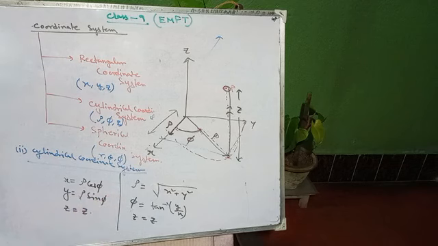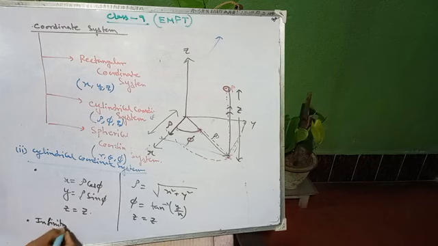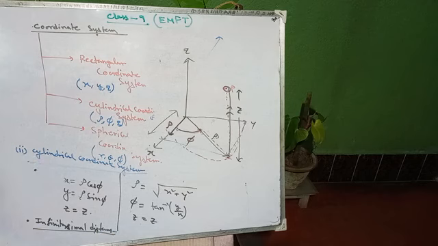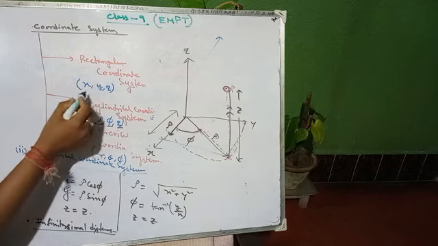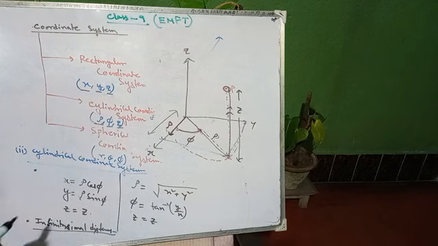Now write infinitesimal distances under this cylindrical coordinate system. See here, how many parameters are there? Three parameters: rho, phi and z, and similarly rectangular has x, y, z. So what is the infinitesimal distance?